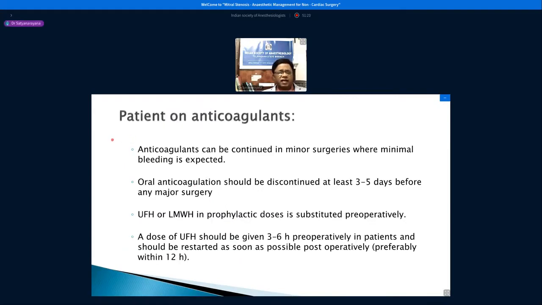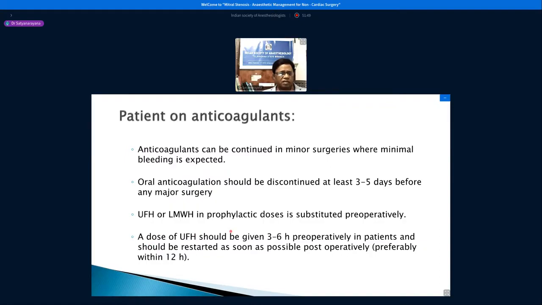And what is the strategy when the patient is on anticoagulants? Anticoagulants can be continued in minor surgeries where you expect hardly any bleeding. But anticoagulants should be stopped 3 to 5 days before surgery for any major surgery. It should be substituted with unfractionated heparin or low molecular weight heparin preoperatively at prophylactic doses.